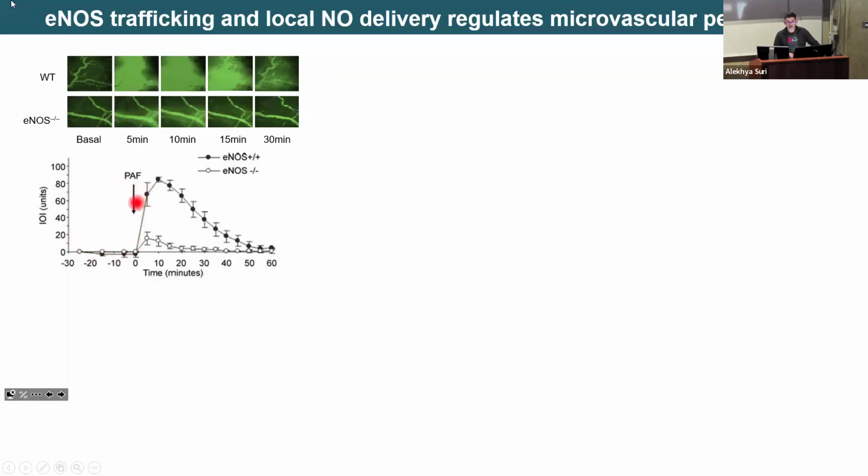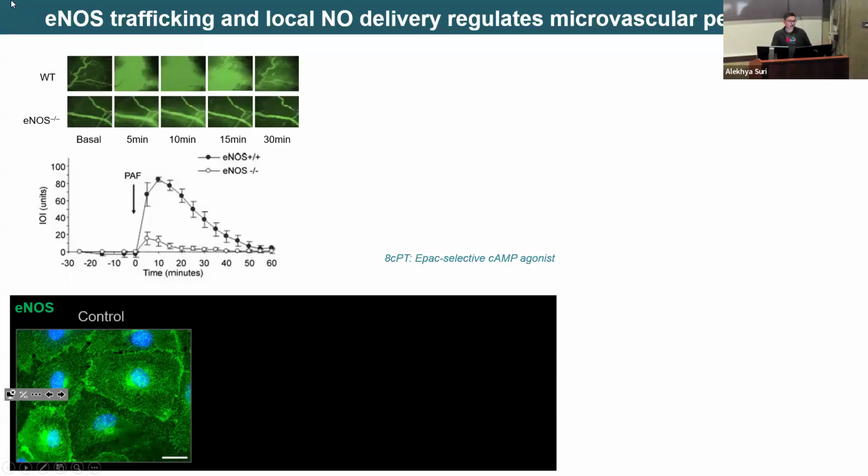In the closed circles, you have the normal wild type mouse, where permeability increases rapidly and then decreases over time. And in the knockout mouse, basically you don't have that. This data suggests that nitric oxide production by eNOS is necessary for this increase in vascular permeability.